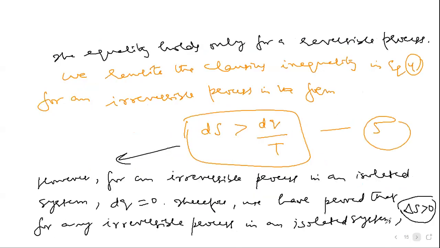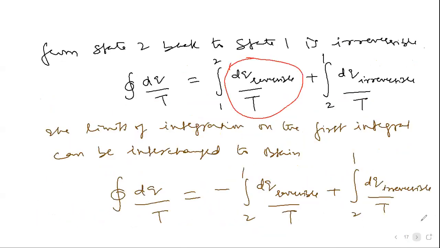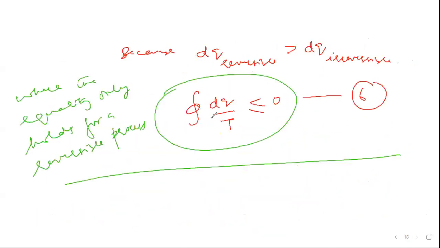Then we said equality holds for a reversible process. For an irreversible process, you remove the equality, you write dS is greater than dq by T, and if the system is isolated, dq is 0, and for an irreversible process in an isolated system, dS is positive, right? Then we derived this cyclic integral. We said closed integral dq by T is less than or equal to 0, equality holds for a reversible process, right?